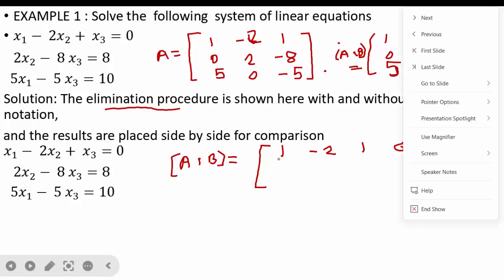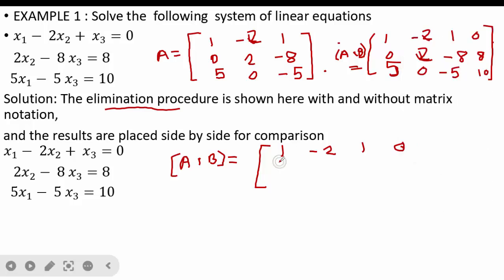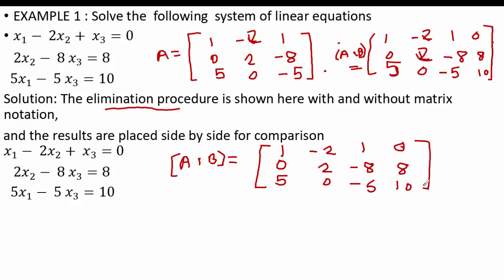Here coefficient of x1 is 0, coefficient of x2 is 2, coefficient of x3 is minus 8 and constant term is 8. Coefficient of x1 is 5, coefficient of x2 is 0, coefficient of x3 is minus 5 and 10. This matrix we will get.